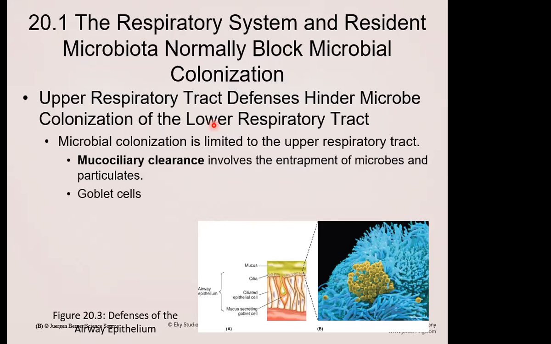There's a certain type of cell called a goblet cell that will produce and secrete mucus. We're all familiar with mucus. So mucus can trap invading infectious agents.